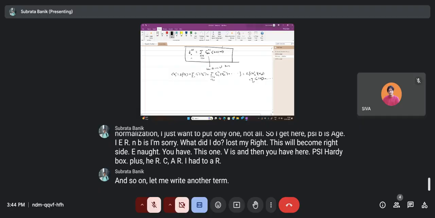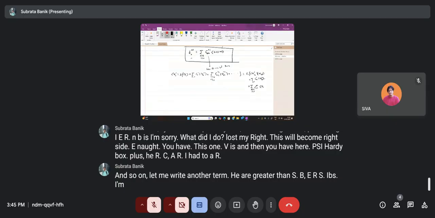Let me write another term, the sum over A greater than B, R greater than S of C_AB^RS psi AB RS, and so on.